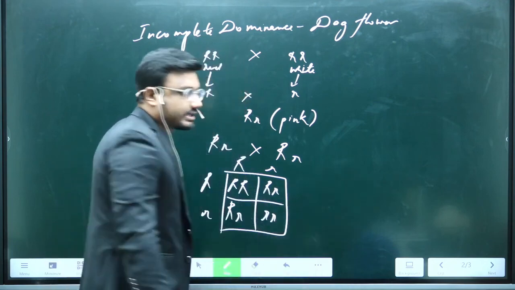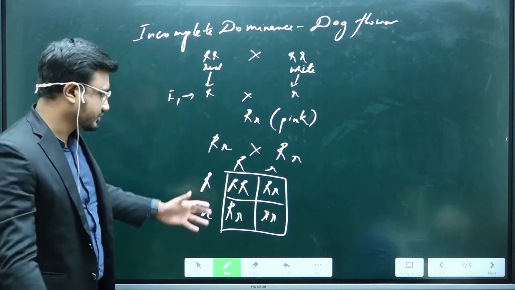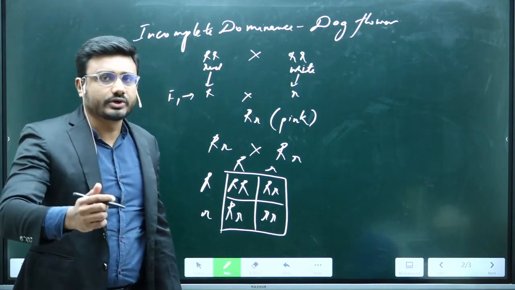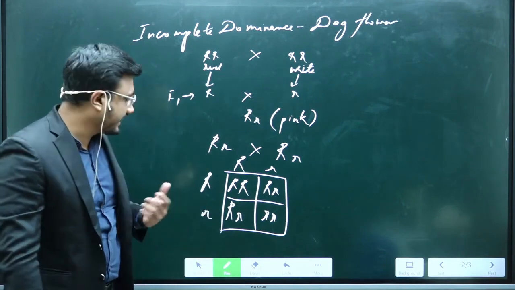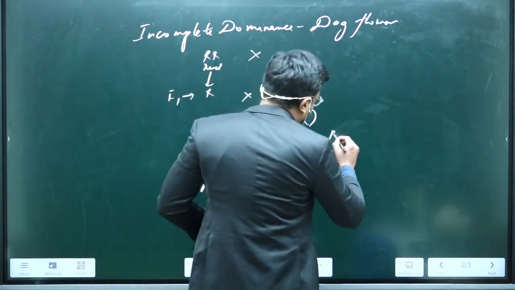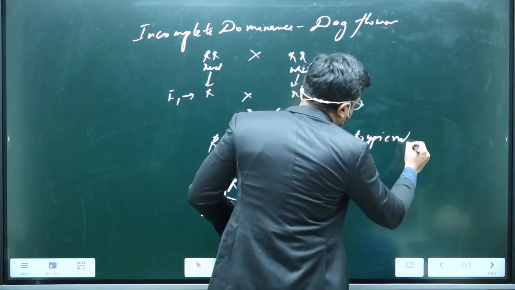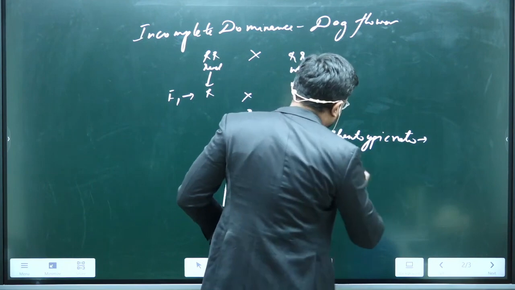So now let us write the phenotype and the genotype ratios. The phenotype is the physical expression, and the genotype is the genetic constitution, right? So let us write the phenotypic ratio and the genotypic ratio.